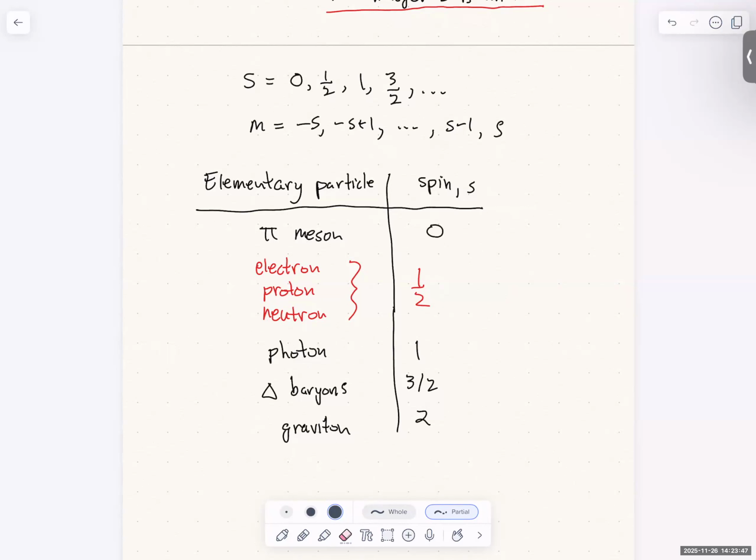And the wave functions of half integer spin particles, fermions, have to be antisymmetric. That means if I had a 2-particle wave function and I swapped the 2 particles, the wave function would change sign. The probability density wouldn't change because of just that sign flip, because you have to square the wave function.